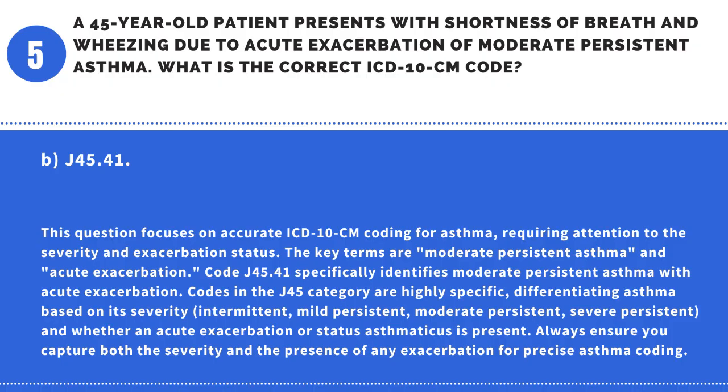Codes in the J45 category are highly specific, differentiating asthma based on its severity, intermittent, mild persistent, moderate persistent, severe persistent, and whether an acute exacerbation or status asthmaticus is present. Always ensure you capture both the severity and the presence of any exacerbation for precise asthma coding.